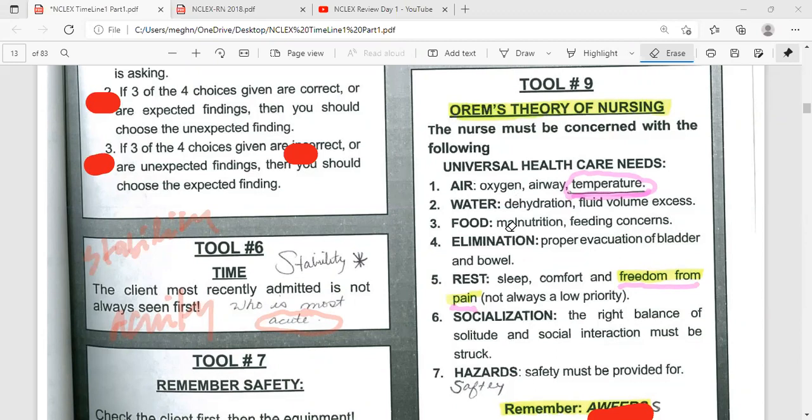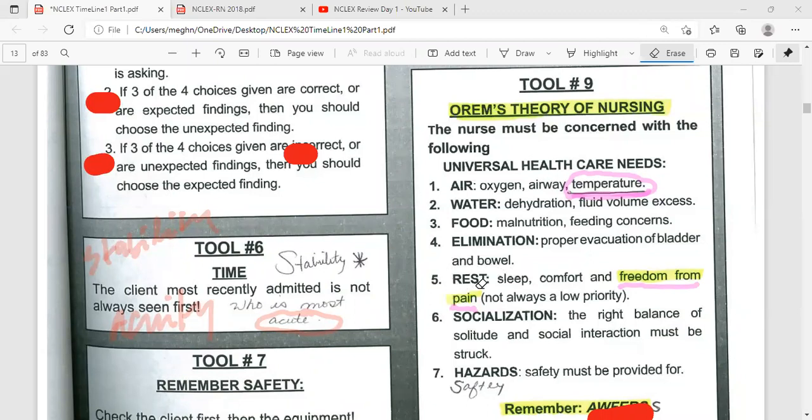If there is any vitamin or food deficiency, the patient develops malnutrition. Also, we need to eliminate urine and stool, so proper evacuation of the bladder and bowel is important.